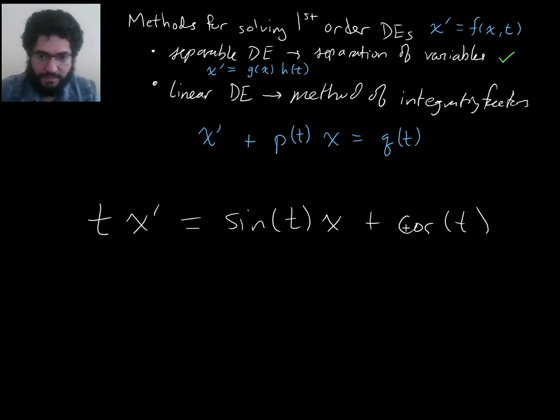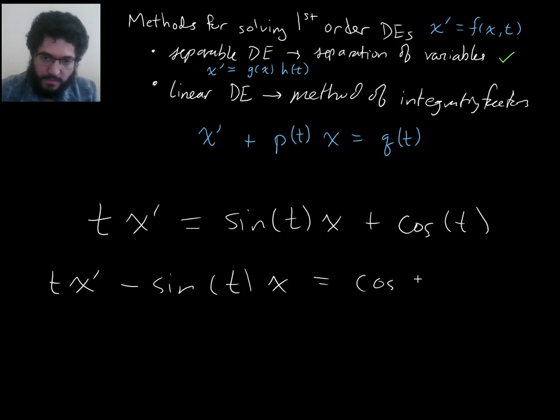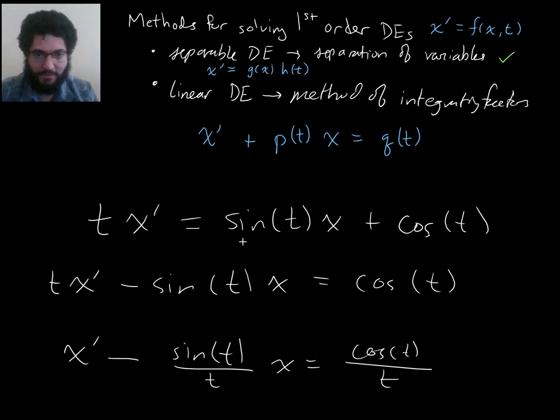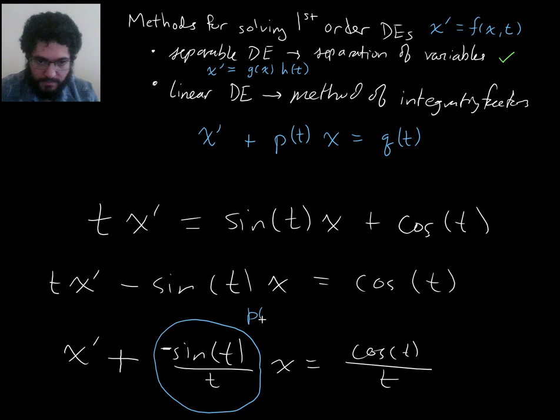However, you could subtract the thing involving x to the left-hand side and then divide everything by t. And now you have written it in linear form. So to be even better, maybe I should write plus here and then a negative sign here. And then this function would be called p of t, and this function would be called q of t.